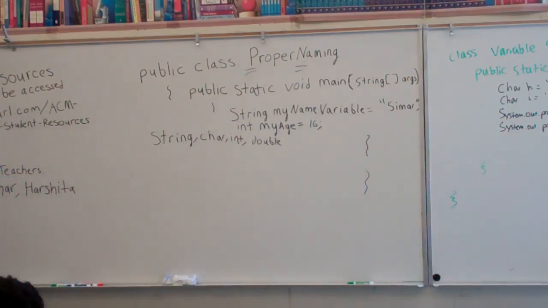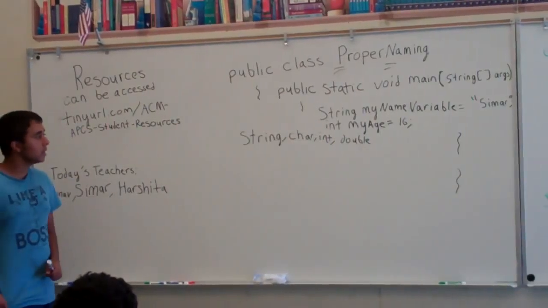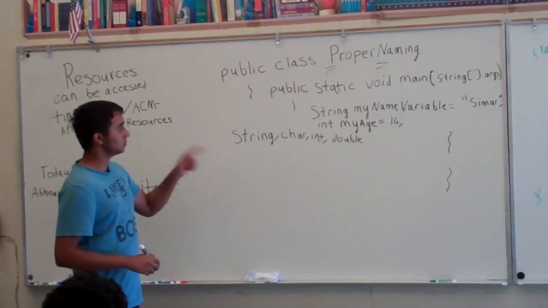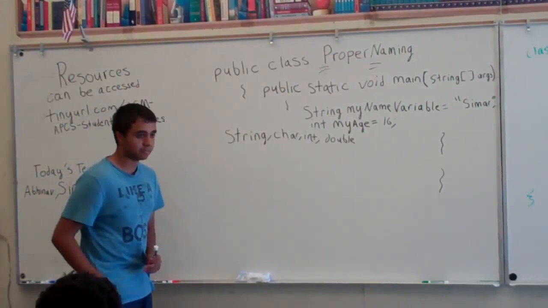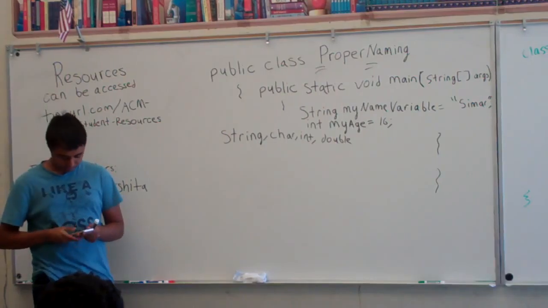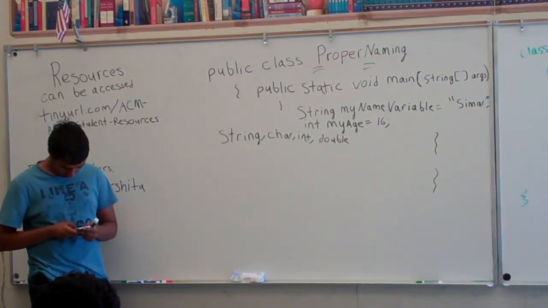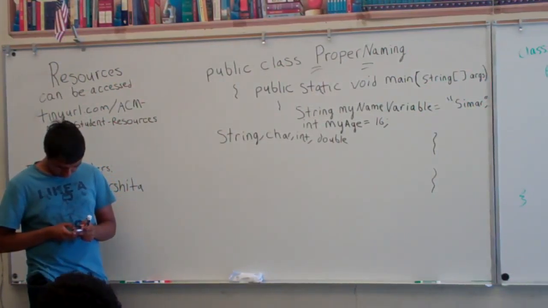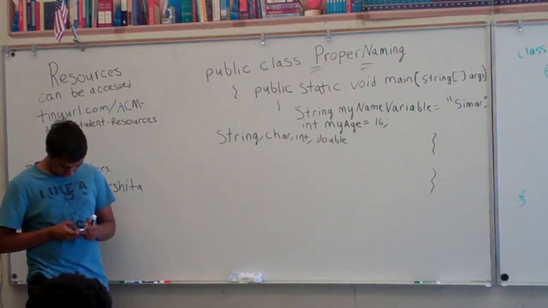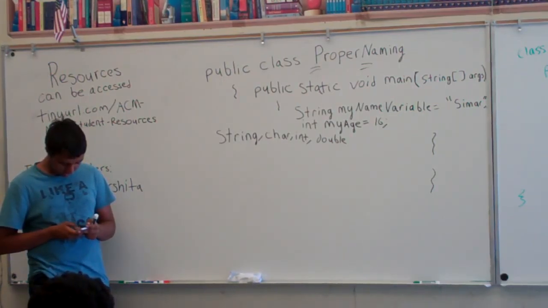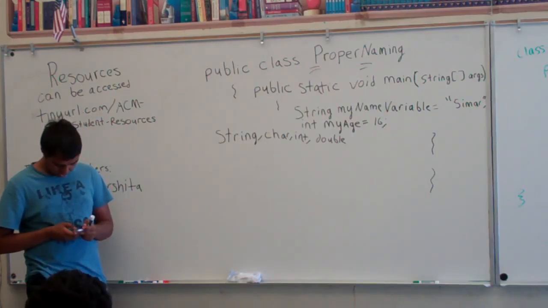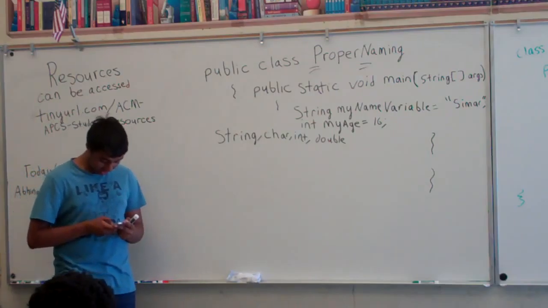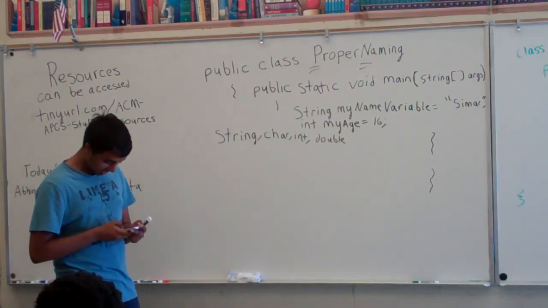So for this, just start with this, and then write a program that describes yourself, and then when you're done, I'll tell you this. And then I'm going to tell you guys the official naming convention according to Java, because if I tell you something and I mess up on it, then it'll be very bad for me.